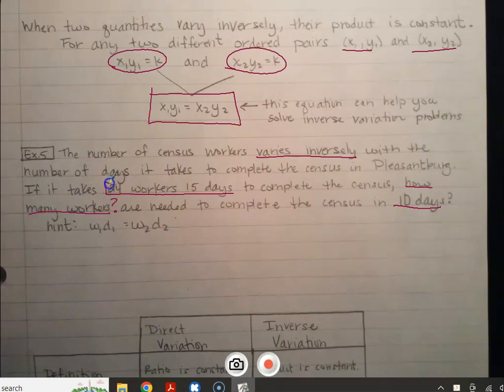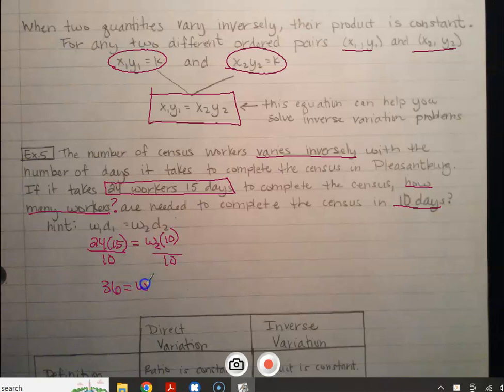We know in the first case we had 24 workers and 15 days. And that has to equal how many workers in 10 days? Well, we don't know, so let's call it W times 10. And this is W sub 2. So we would divide by 10. And so 24 times 15 divided by 10, I'm assuming you have a calculator with you, is going to be 36.